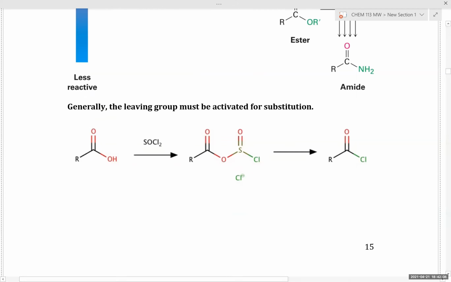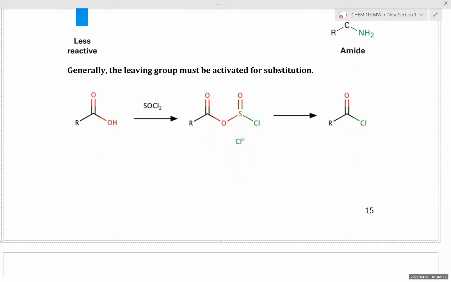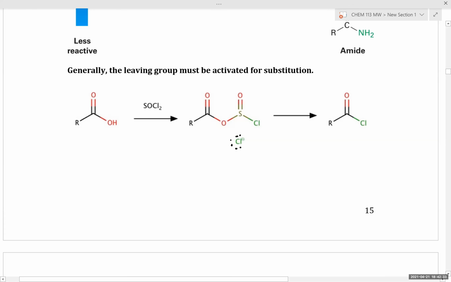Okay, so generally, if you want to prepare a more reactive carboxylic acid derivative, the leaving group has to be activated for substitution. So for example, treatment of a carboxylic acid with thionyl chloride would generate this activated chlorosulfonyl group, which can then be readily displaced with chloride.